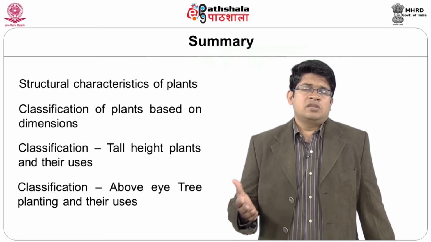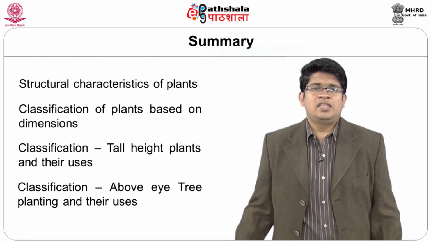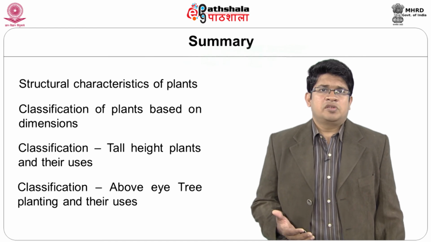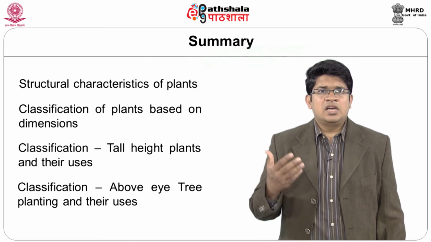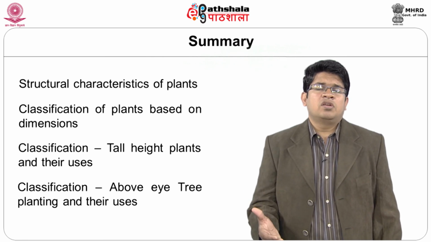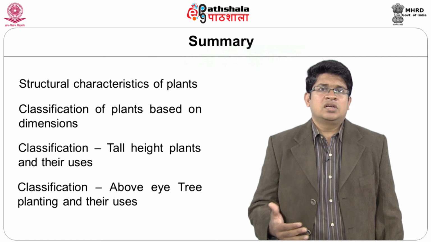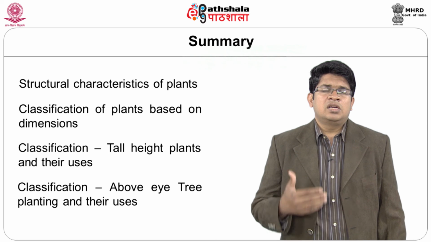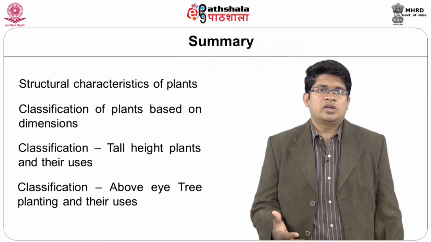So it is quite important to understand the plants in terms of their heights: the low heights, the medium heights, the tall plants and tree planting. Everything with respect to its own height has its own kind of uses. In future we will see that tall plants create enclosures, they facilitate shelter, they facilitate shade, they create patterns, they create vistas, they frame landscapes.